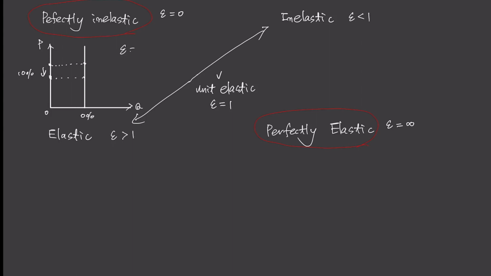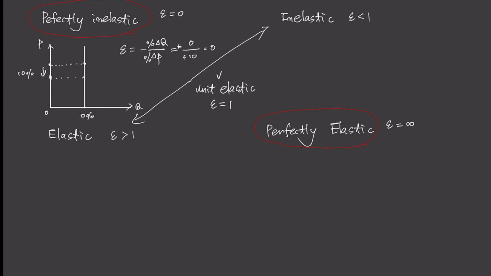Then by the definition, elasticity is the negative percentage change of Q over the percentage change of P. The percentage change of Q is 0, and the percentage change of P is negative 10%, right? The negative sign makes the value always positive. And 0 over any number is equal to 0. So obviously this one is equal to 0.